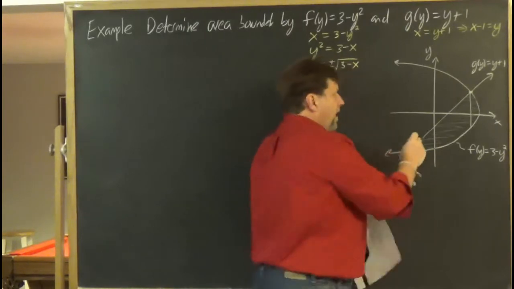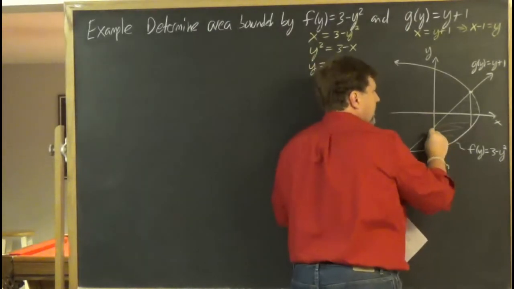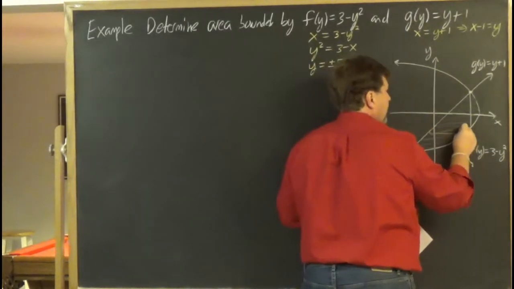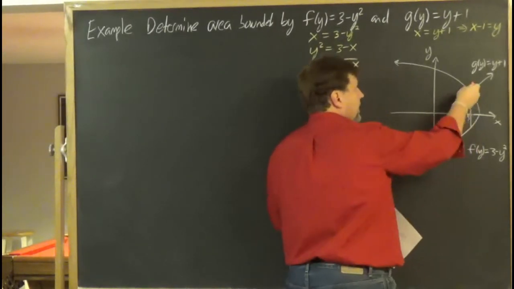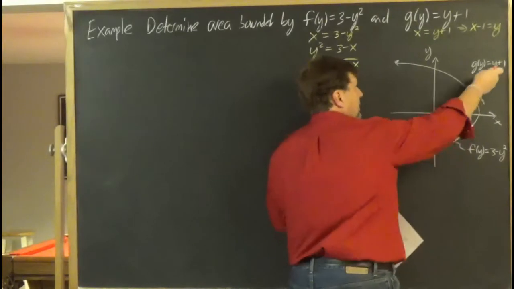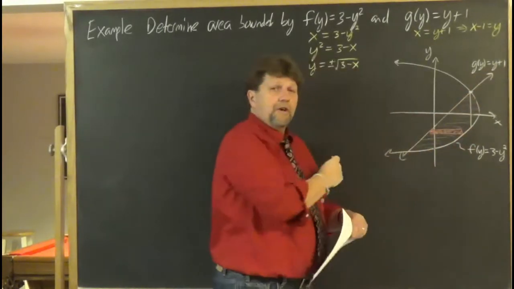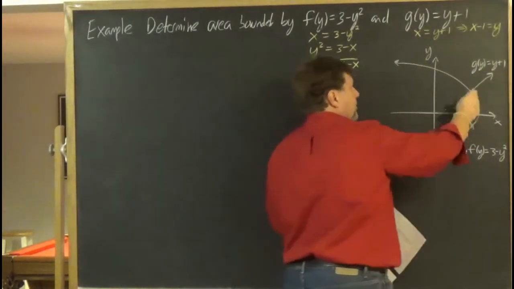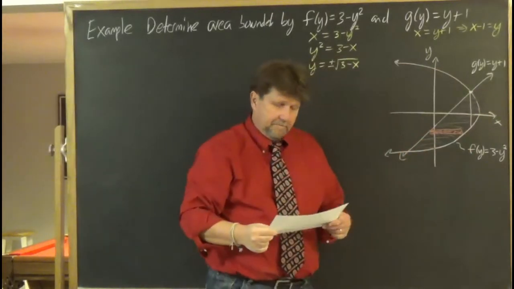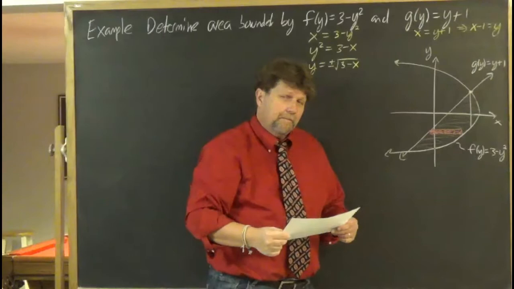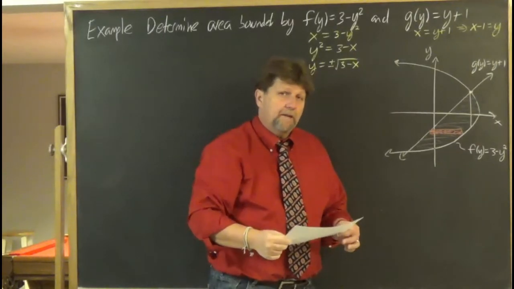No matter where I put a horizontal rectangle, so let me just arbitrarily put one right here. Notice the line is the leftmost curve, and this parabola is the rightmost curve. That's with a horizontal rectangle.